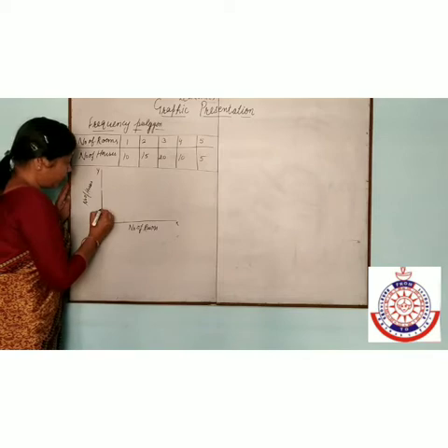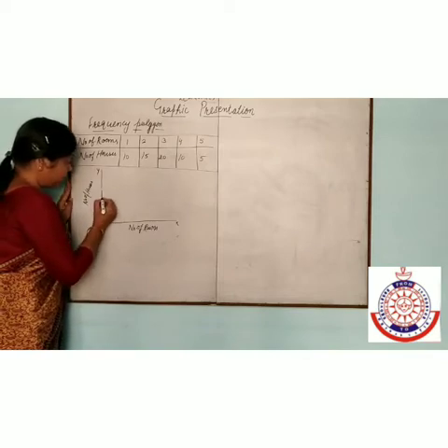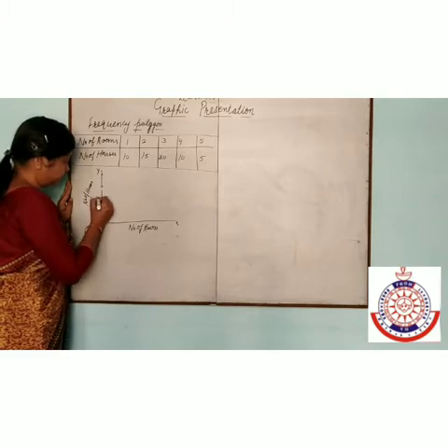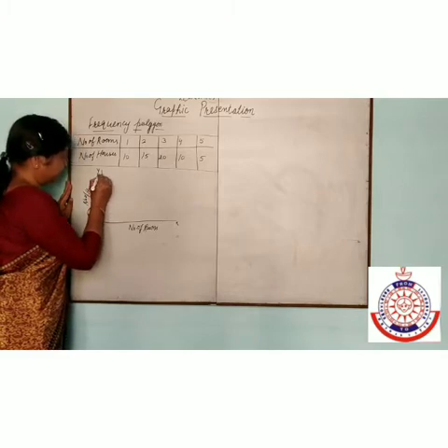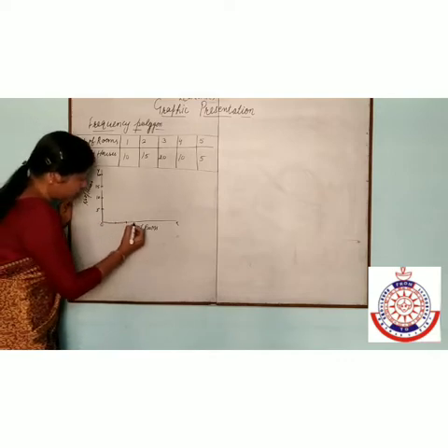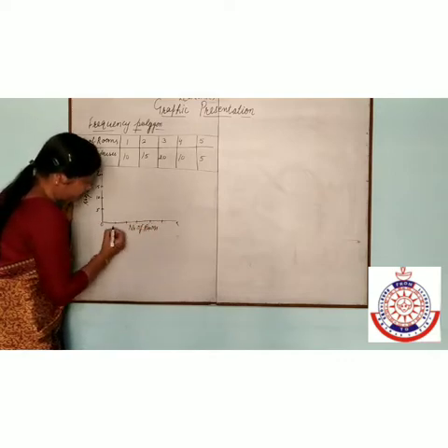Houses maximum 20, so we take 5, 10, 15, 20. And number of rooms 1, 2, 3, 4, 5.